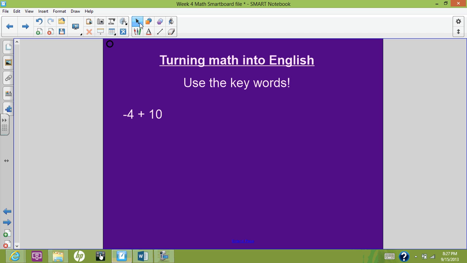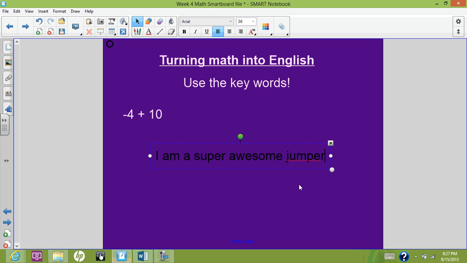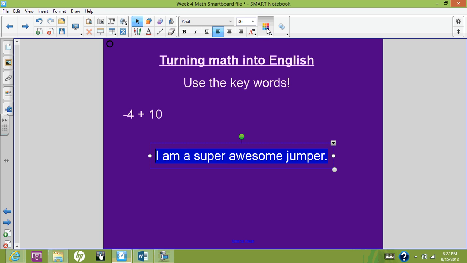And I'll do this first one for you just in case you're getting a little bit confused. So, how about, let me think. Oh, I know. I am a super awesome jumper. Okay? That's how my problem's going to start. I'm a super awesome jumper.